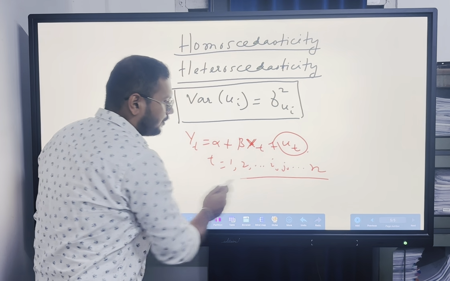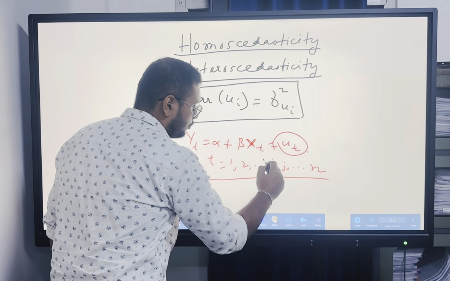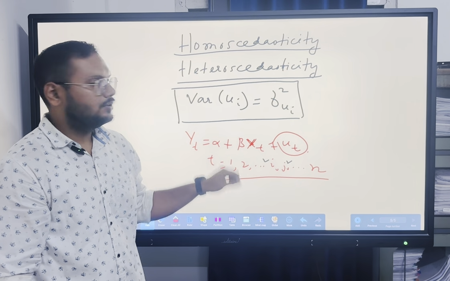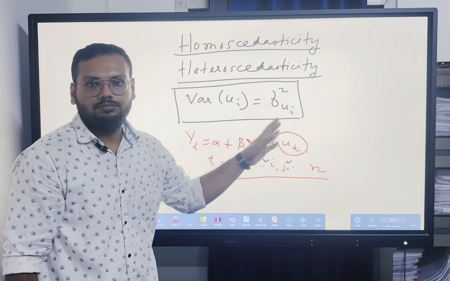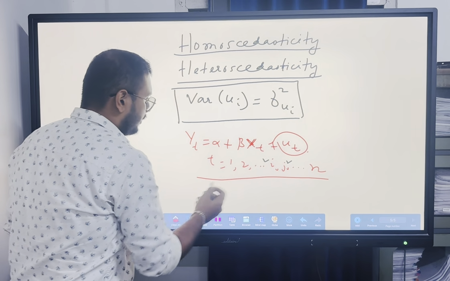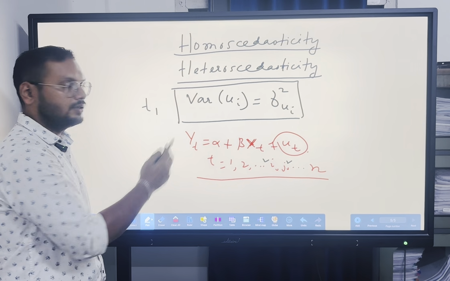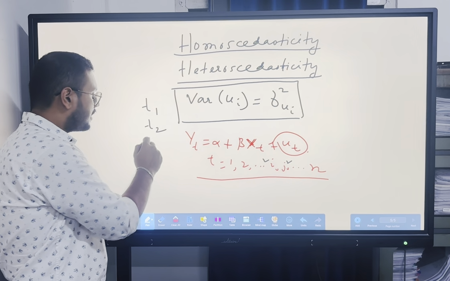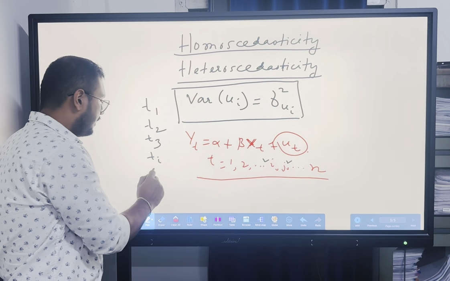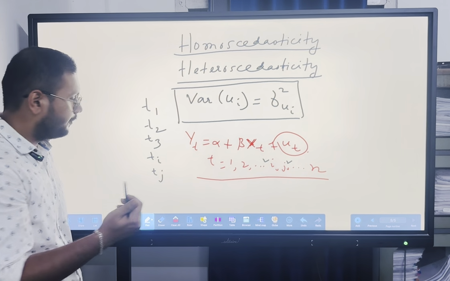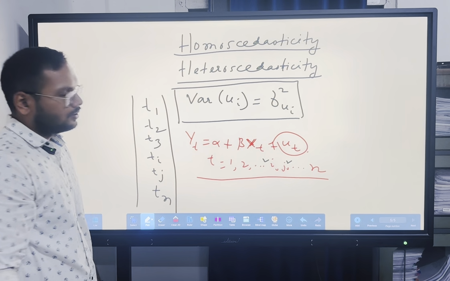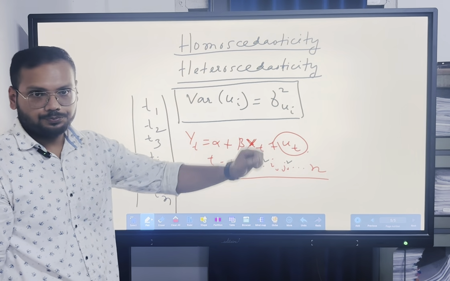Among these n observations, there are two other observations as well, i and j. So say t is a time period, then t1 will be the first time period, t2 will be the second time period, t3 will be the third time period. Similarly, ti will be the ith time period, and tj will be the jth time period. Similarly, there will be Tn. So these are various time periods for which we find observations for u.